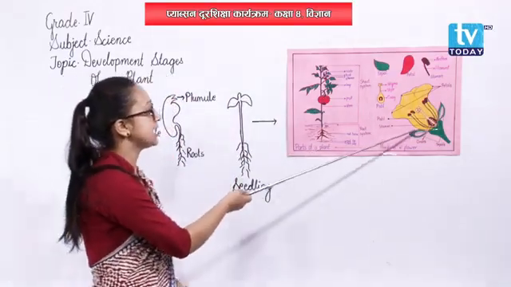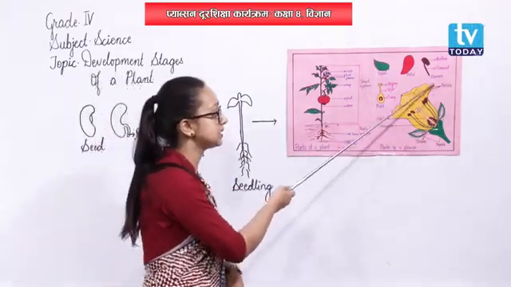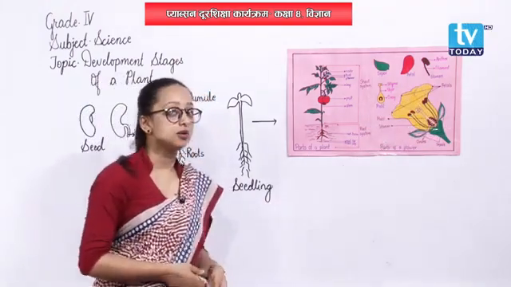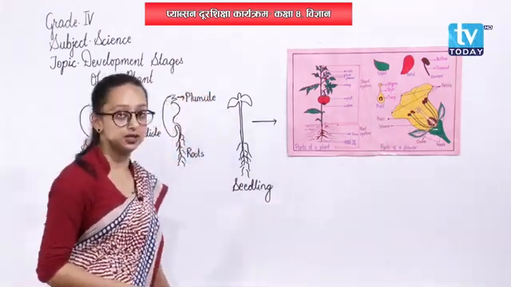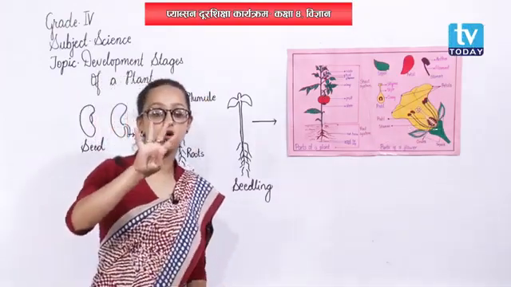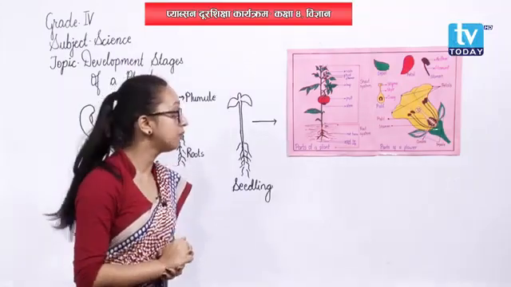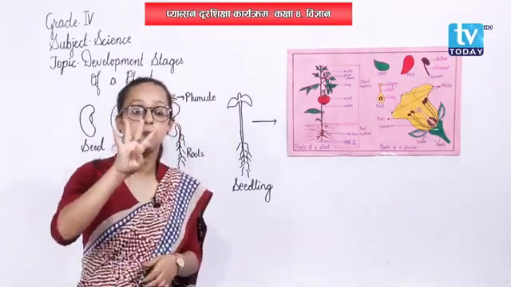Here, what we can see is also the picture of a flower, okay. And a complete flower has 4 whorls. How many whorls? They have 4 whorls. That is, a complete flower has 4 parts.